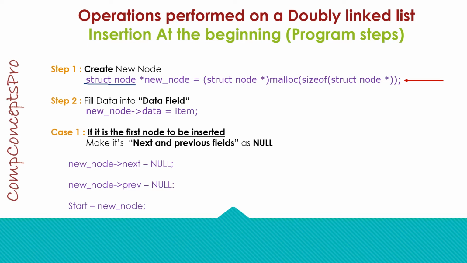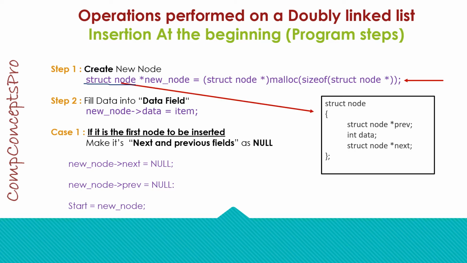The concept of this struct node has already been discussed in my video on introduction and traversal of doubly linked list. This new node is the user defined name given to the node to be inserted. You can give any name of your choice like node to be inserted, etc.